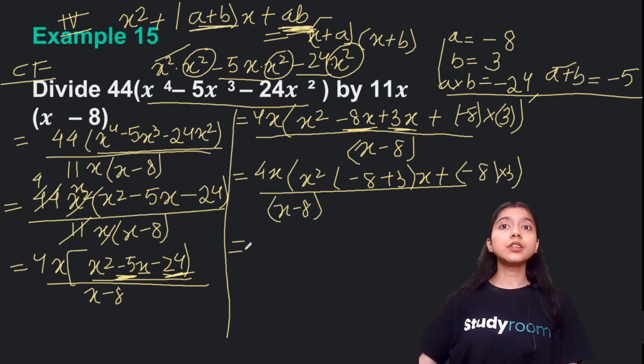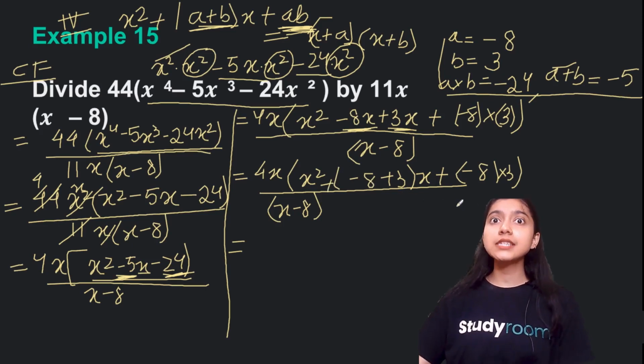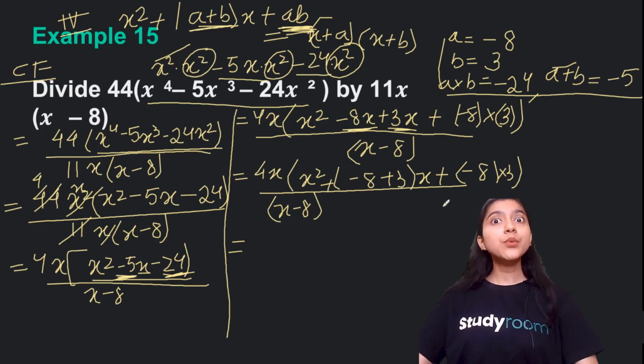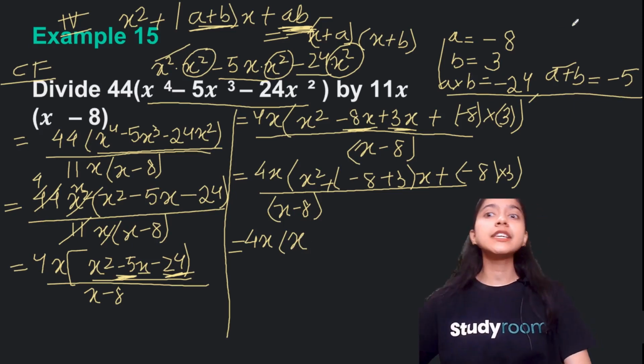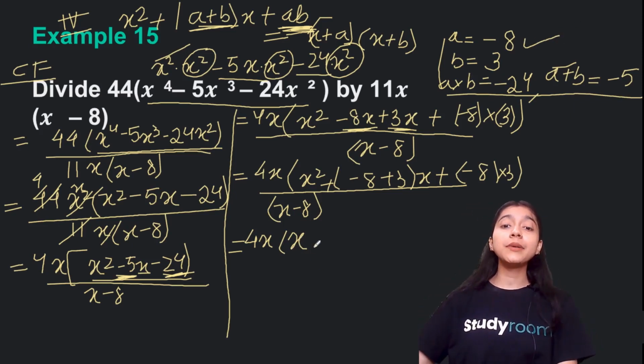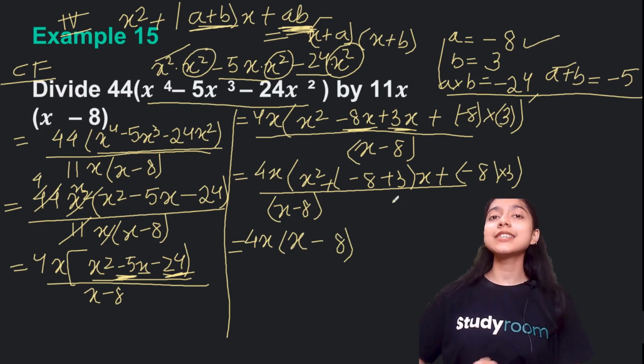Now we'll be using the fourth identity, that is x square plus of a plus b x plus ab gives us x plus a multiplied with x plus b. So over here we have 4 times of x and then we have to write x plus a. What we have taken? A as minus 8. So it will be x of minus 8 because x plus minus 8 gives us x minus 8.